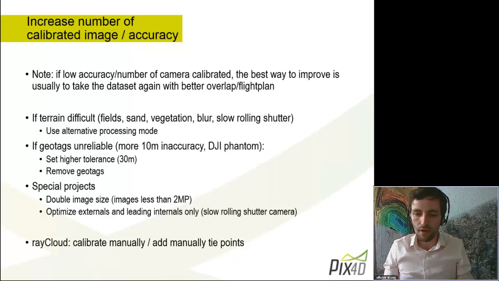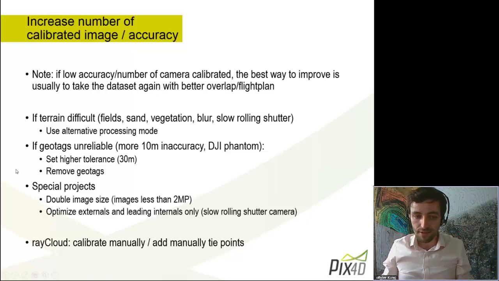But some GPS may provide you with even lower accuracy. Mostly it's not the GPS itself, but the synchronization of the GPS with the images, which is very poor. A good example of that is the DJI Phantom Vision drone, which provides very poor GPS information in the images.